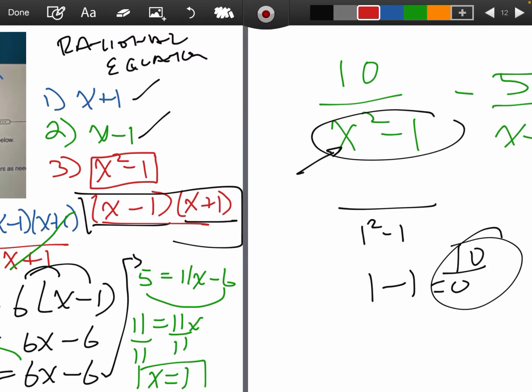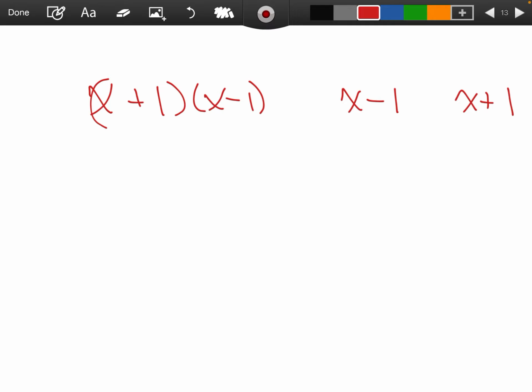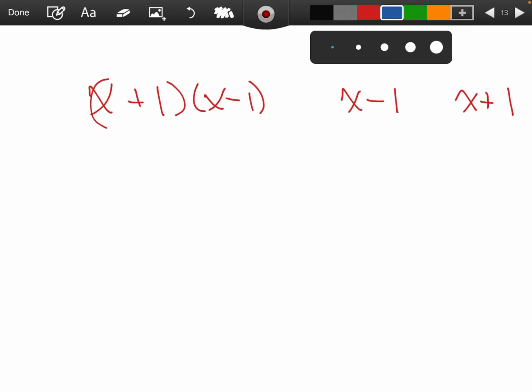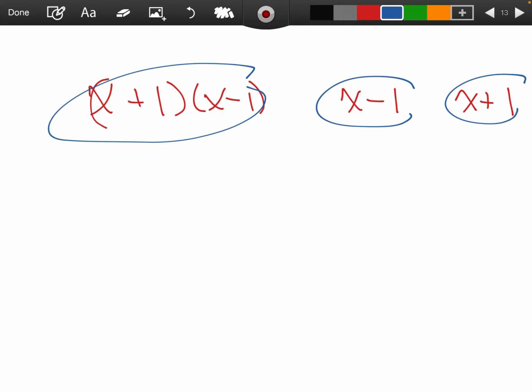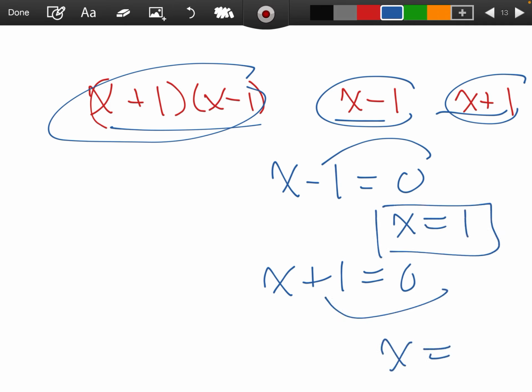Now, one thing I want to mention, y'all, when you're doing these types of problems: remember when we factored out our denominators, we came up with x plus 1, x minus 1, and we had another x minus 1, we had another x plus 1. The way we can figure all this out without having to go back and check our answers is if we take each of those denominators, and you notice, y'all, these two pieces, the same two pieces we got there, if we set each of those equal to 0, these are going to tell me the answers that I do not want to get.